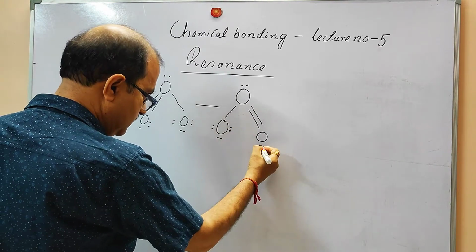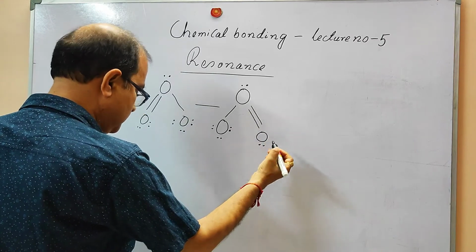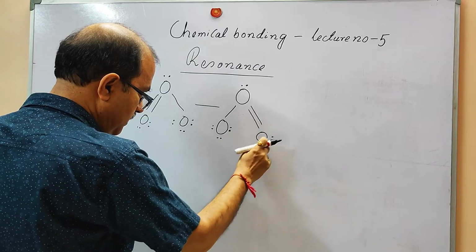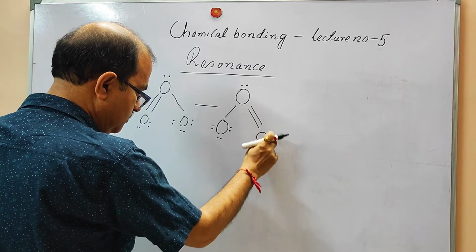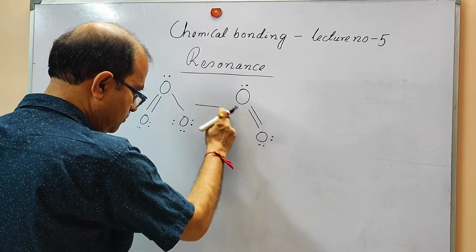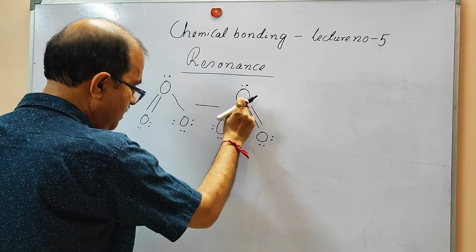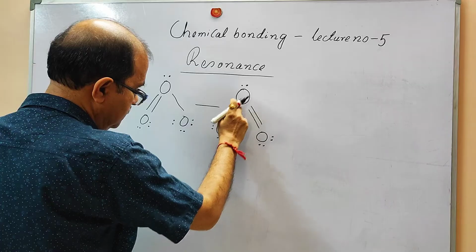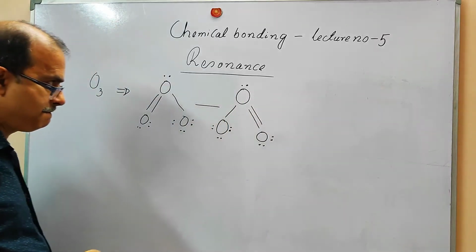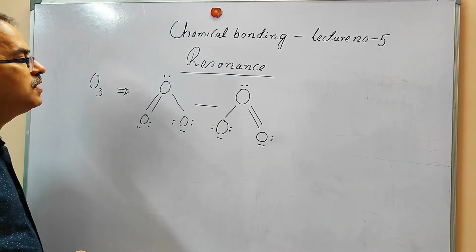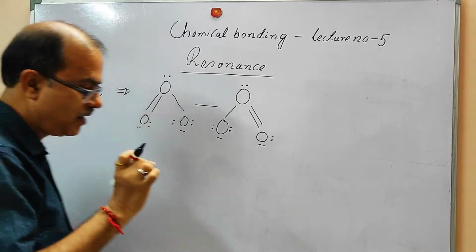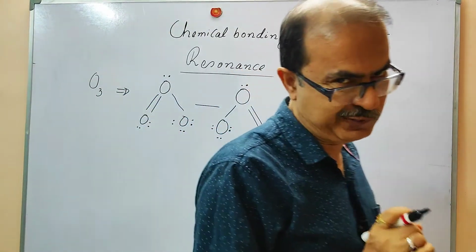The dots are basically the valence electrons. So here you can say this oxygen has the octet, this will have the octet, and this one also has the octet, it is 6 fold. So these are basically two Lewis structures of the O3 molecule.